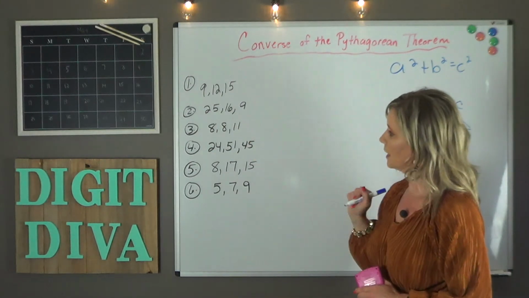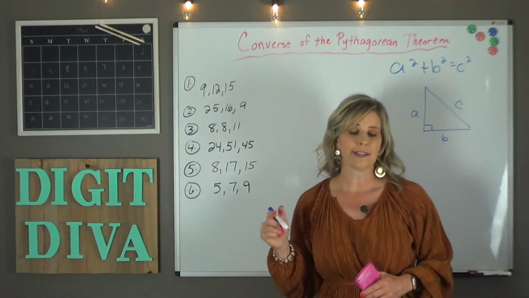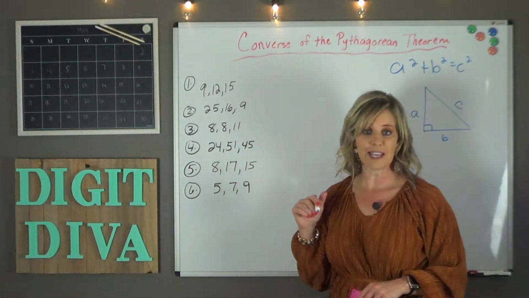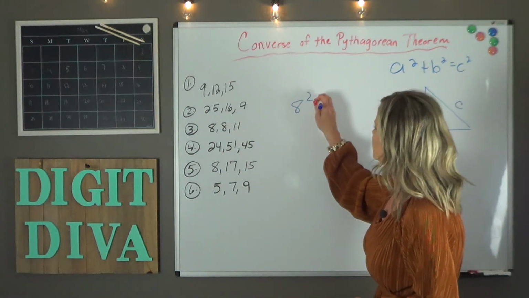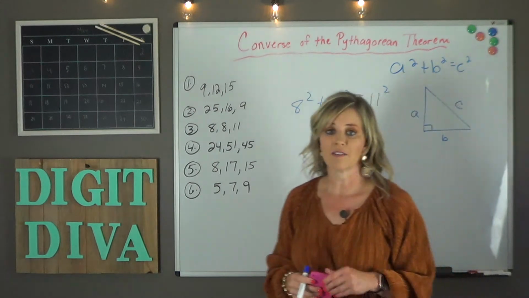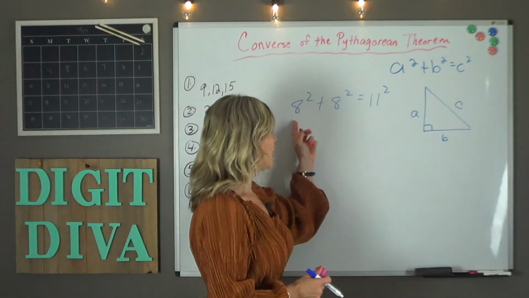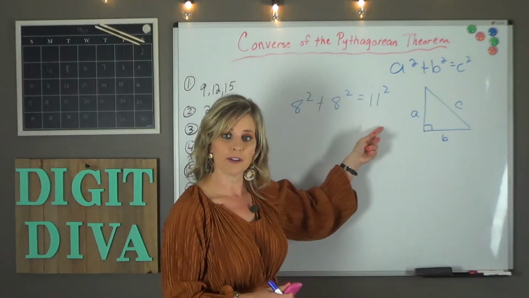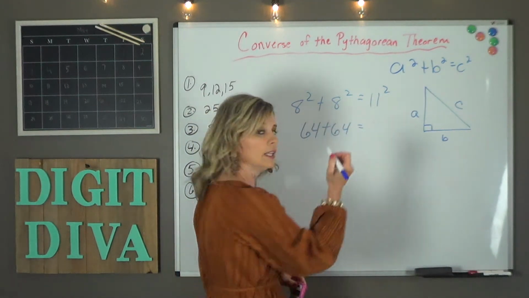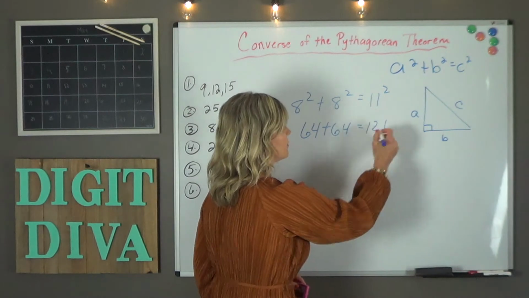So let's look at our third example, 8, 8, and 11. Which one would be your hypotenuse? Well, it would be 11. So 11 needs to be alone on one side of the equal sign, okay? So a squared plus b squared equals c squared. Well, I know that 8 times 8 is 64. 11 times 11 is 121.